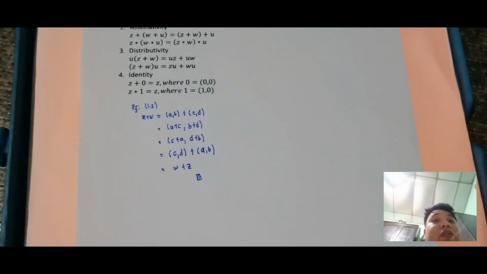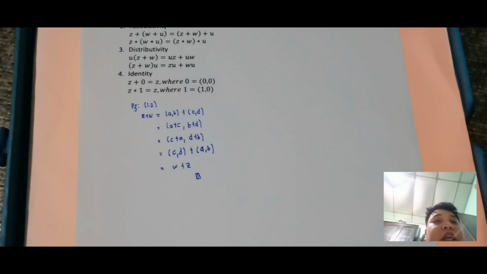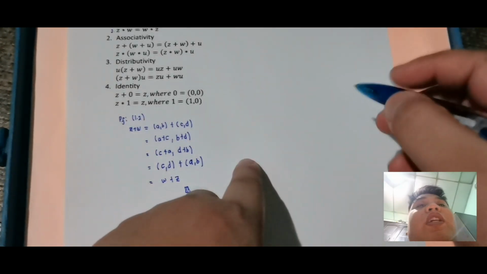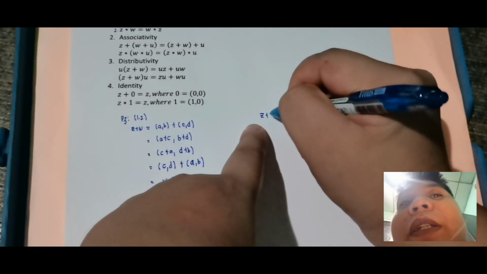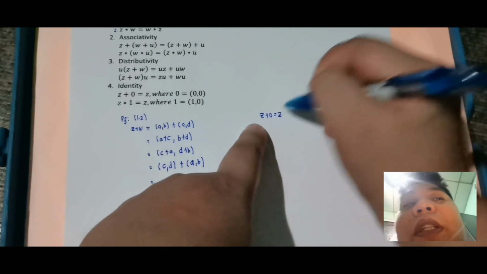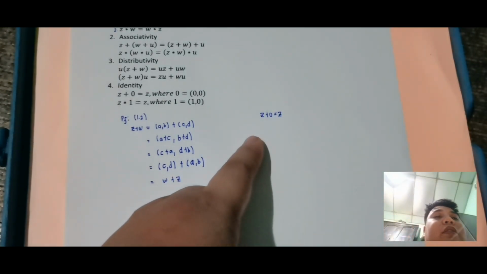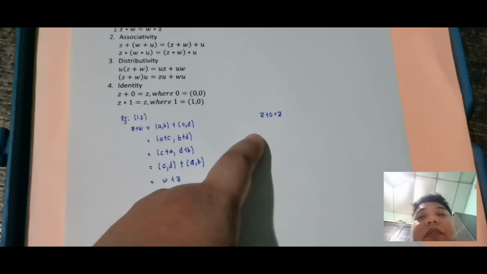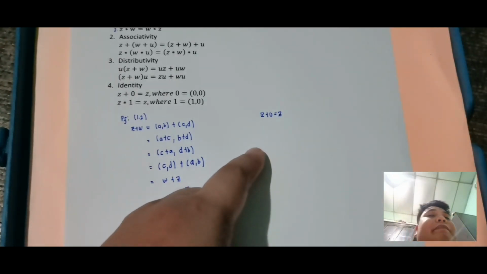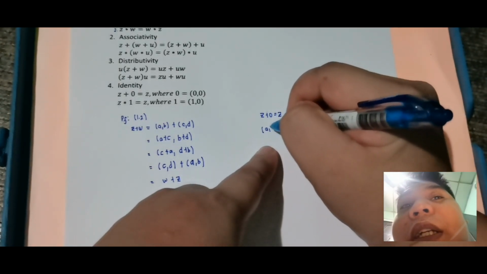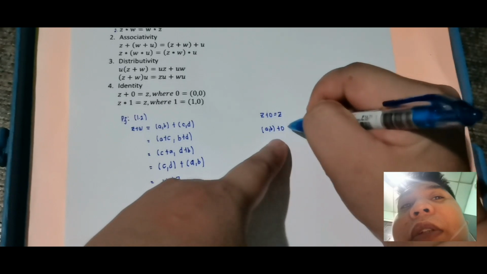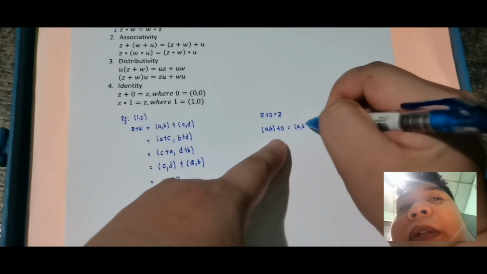So, yun yung proof ng 1.2. So, another, pakita natin na yung identity element is 0. Identity element pag multiplication is (1, 0). Okay? So, try natin. We have Z plus 0 is equal to Z. So, kailangan natin mapakita na yung identity element ay (0, 0). So, this is equal sa, okay, (A, B) plus 0 is equal to (A, B).